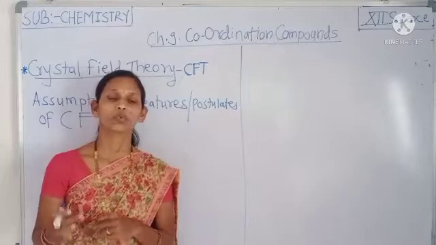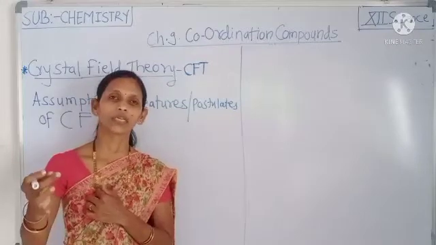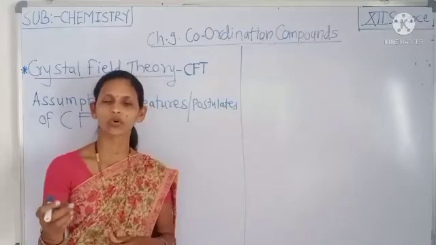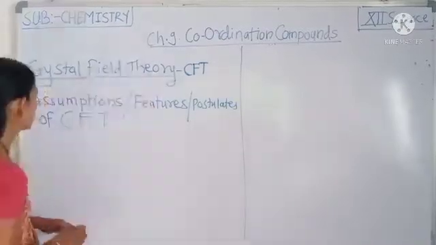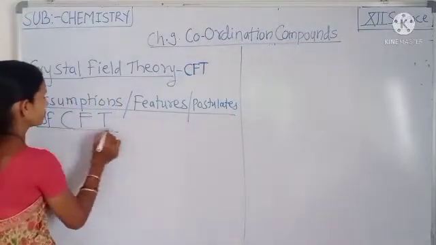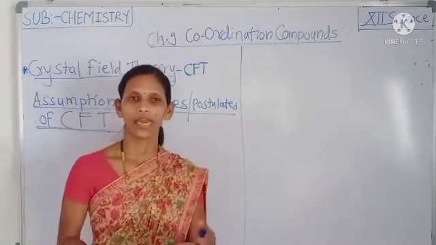There are some assumptions given by the CFT theory, and according to these assumptions or features we can form different types of coordination compounds. First of all, we will discuss these assumptions by taking examples.